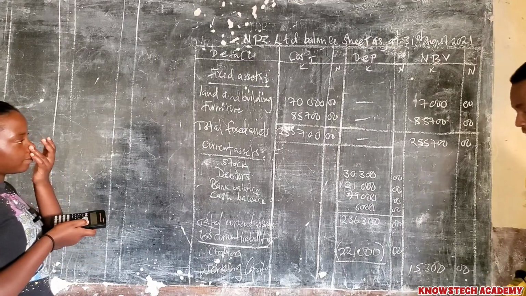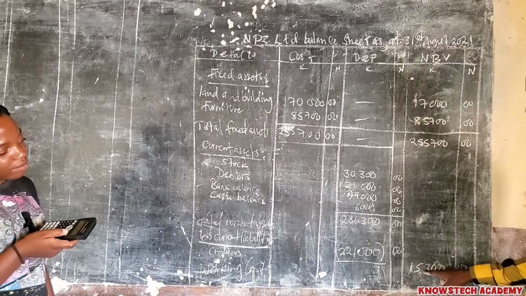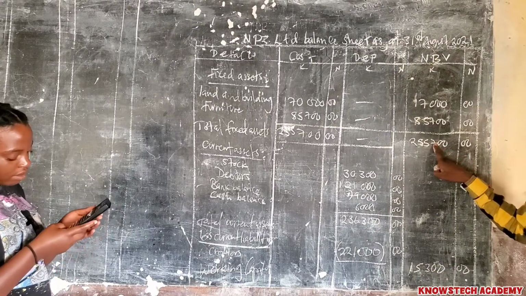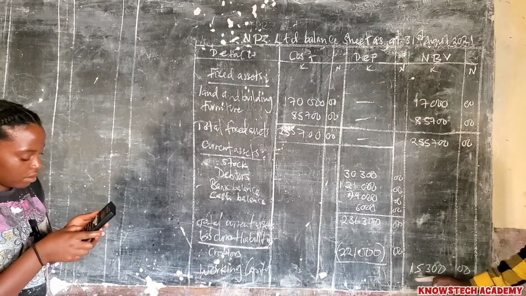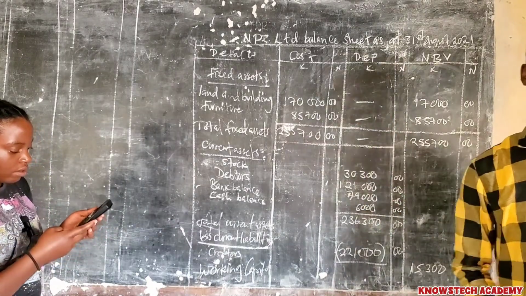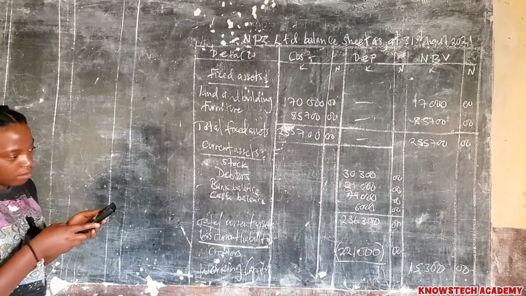Just stationery. Now we're going to add this one and this one to come up with net assets. Since we don't have space here, we're going to use the other side.